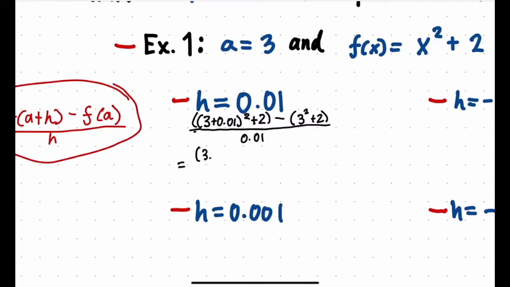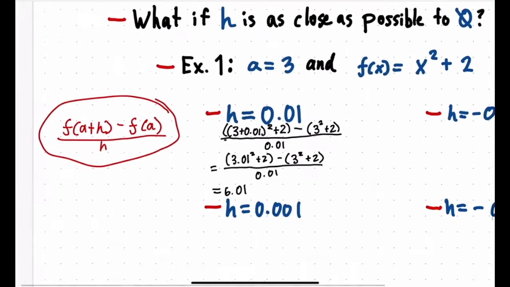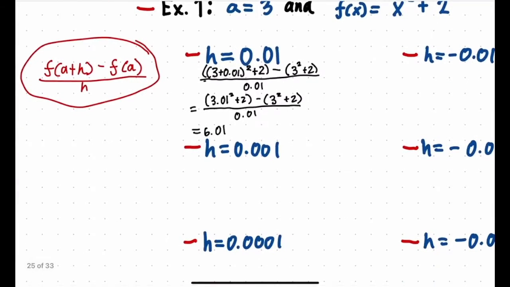So 3.01 squared plus 2 minus 3 squared plus 2, divided by 0.01, and if you guys have a calculator handy, you can just type it in, but it just equals 6.01. Okay, so we have an answer. It's close-ish to 6, but we can't say for certain that that would be the equation, so let's keep going.